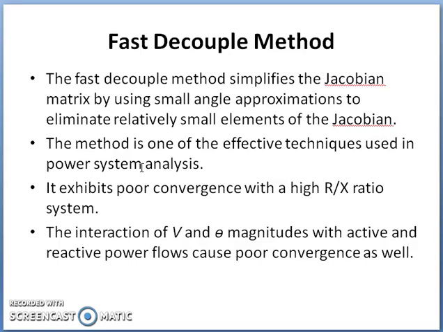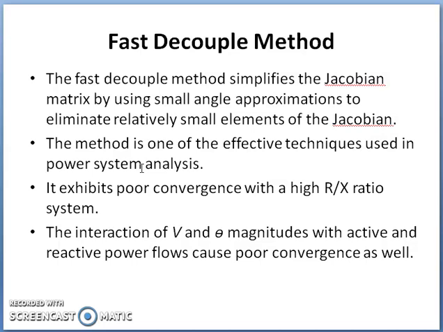What happens here is the poor convergence, the x by r ratio, that makes the difference, the interaction of V and theta magnitude with active and reactive power flow, that causes especially the poor convergence as well.